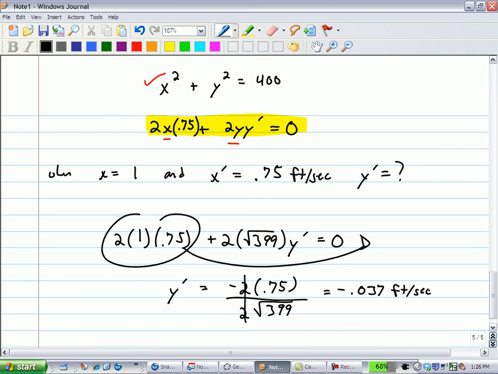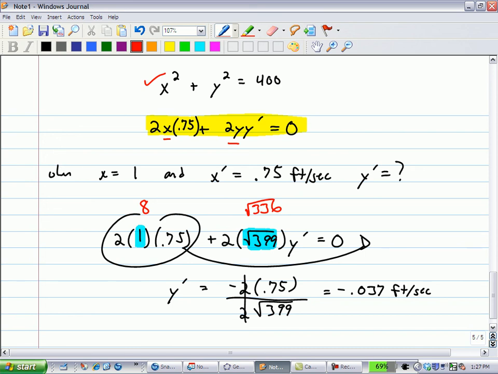So you'd go through the same process, and instead of using 1 and root 399, you're going to use 8 and root 336. Did you guys match up with that? 8 and root 336? Okay.